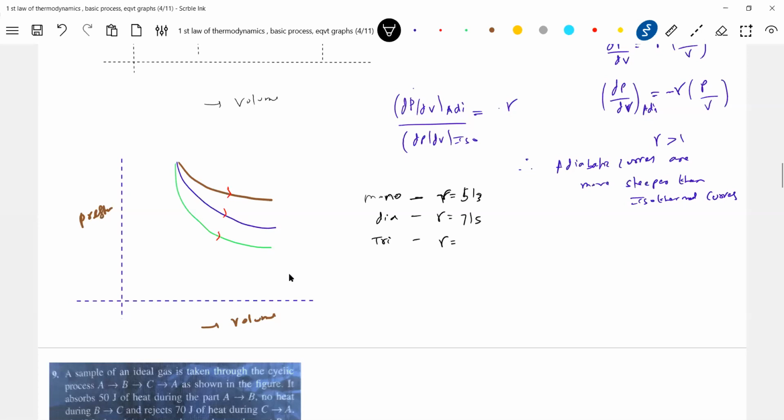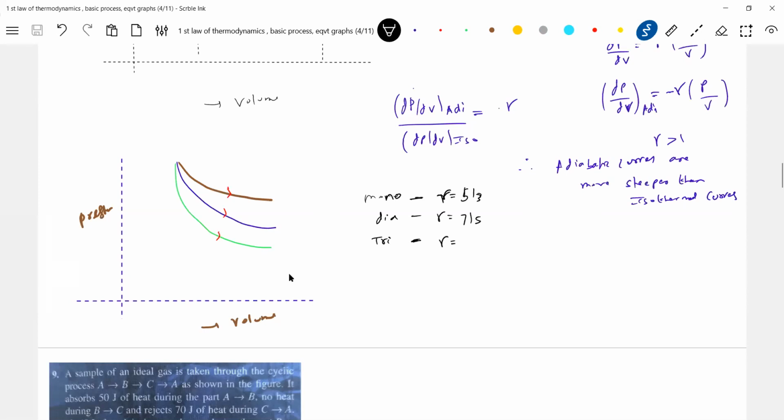For triatomic gas, CV for non-linear triatomic gas, how much will it be?